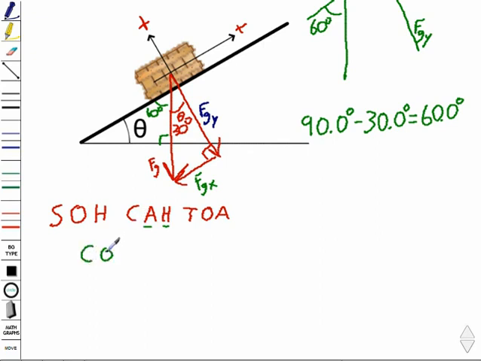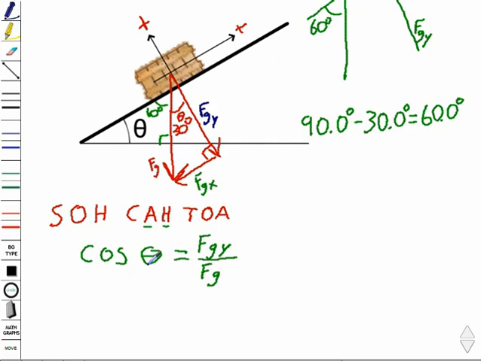As I write out the formula, cosine of theta equals my adjacent side, which is F sub g sub y, divided by my hypotenuse, which is my weight, F sub g.